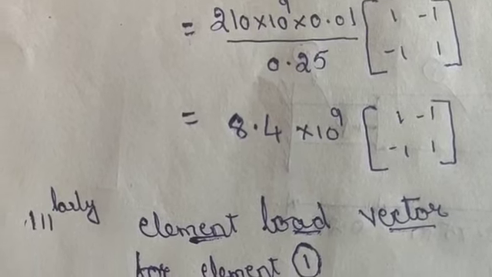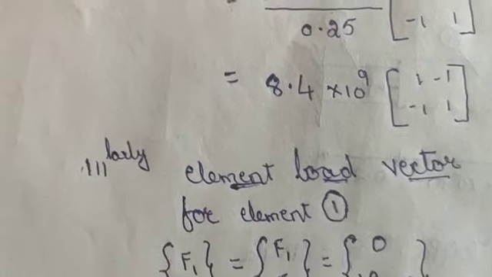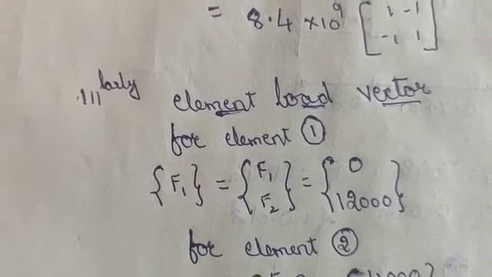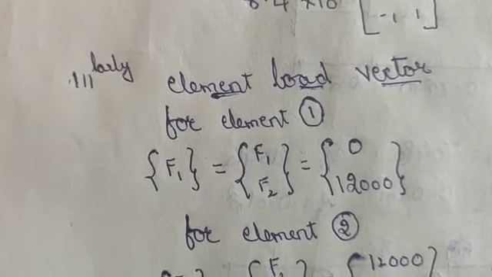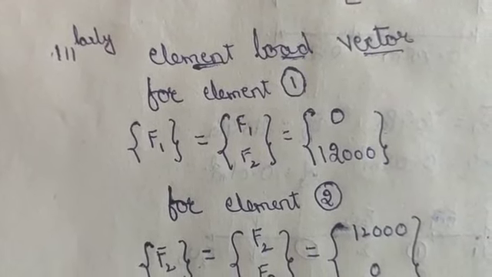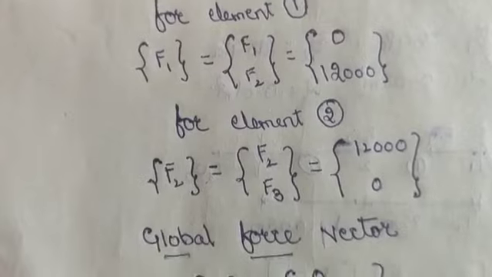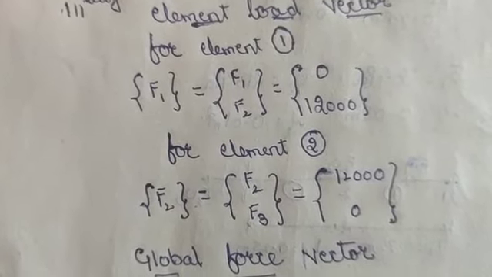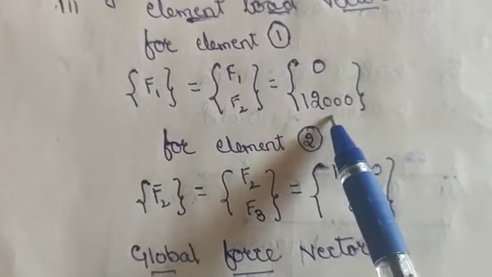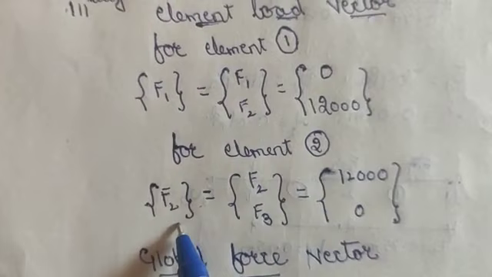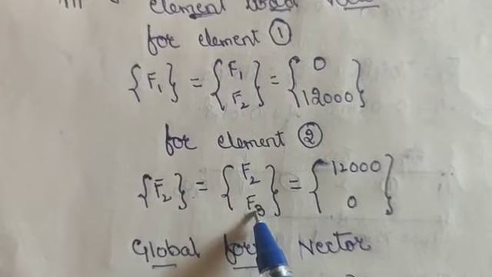Similarly, the element load vector for element 1 will be F1 equals F1 and F2 equals 0, since no load has been applied at node 1 and the load has been applied at node 2, that is 12 kilonewtons, which will be 12,000. Similarly, for element 2, F2 and F3.